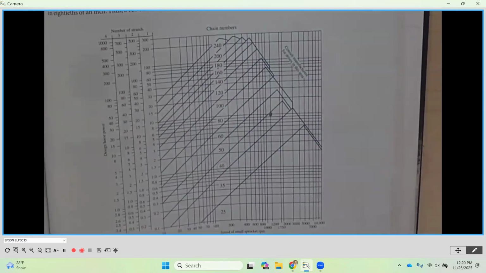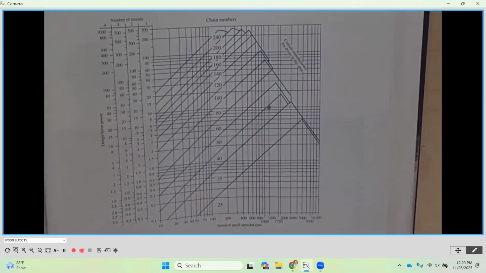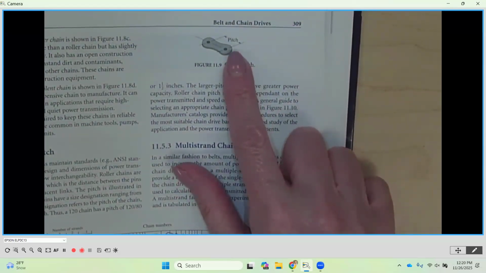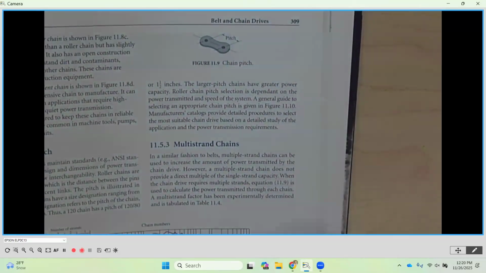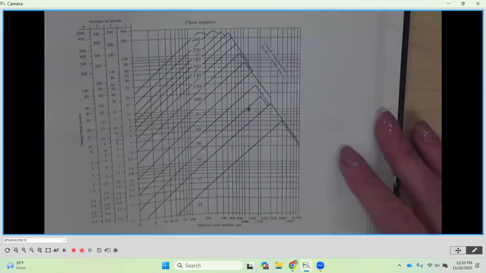And this chart helps us to determine what is the number of the chain, or what is that pitch of the chain that we're going to use. Remember, the pitch of the chain is going to be the physical size between the rollers. The larger the pitch, the bigger, the chunkier the chain and the rollers that we're going to have, which means that we're going to have higher force and torque carrying capabilities.